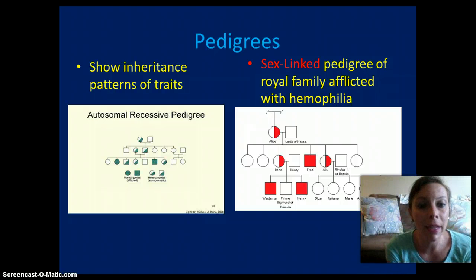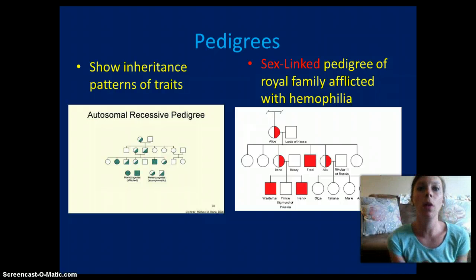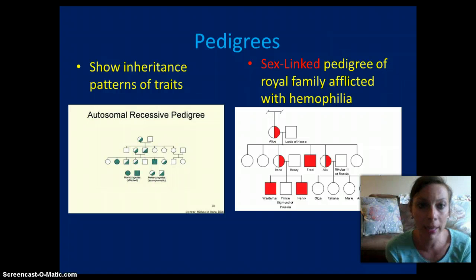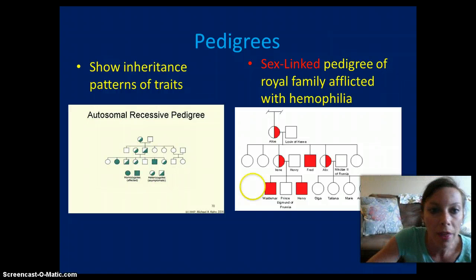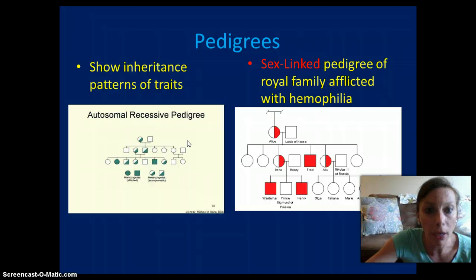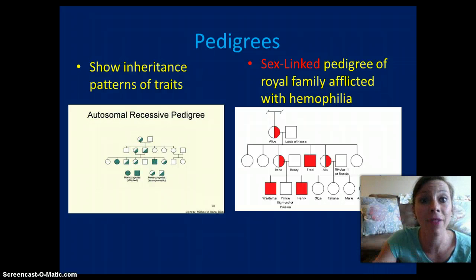Last thing we have is a pedigree, and a pedigree is going to show traits of inheritance. So just a reminder that the circles represent girls and the squares represent boys. So circles females, squares males, and the shaded boxes represent having the disorder or the disease or the trait.